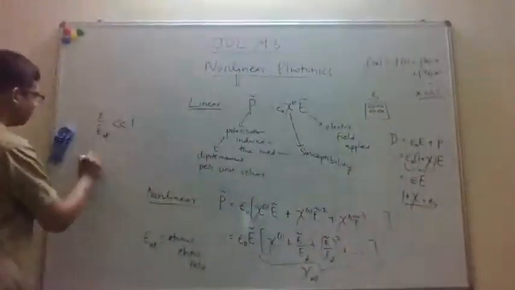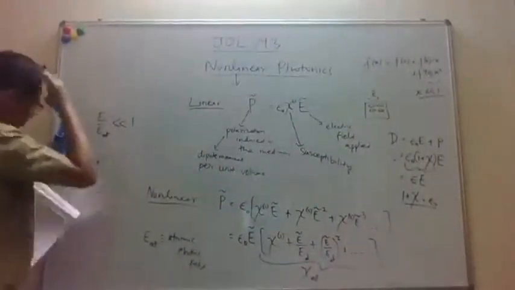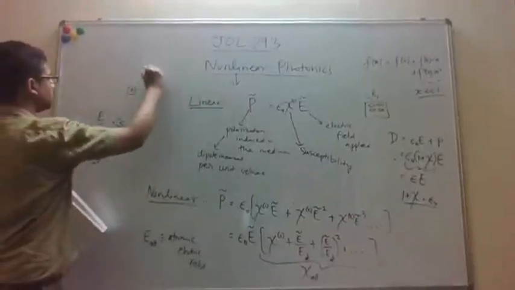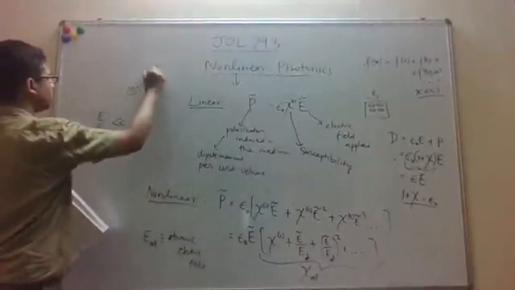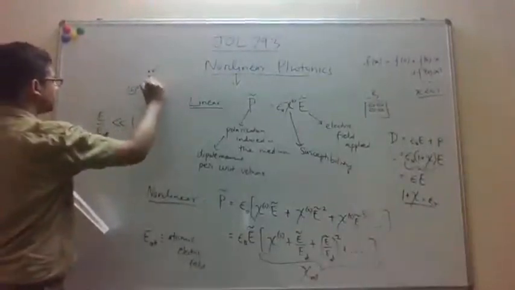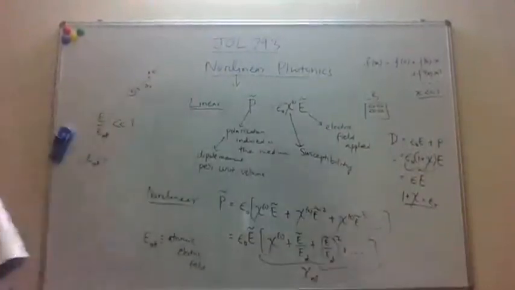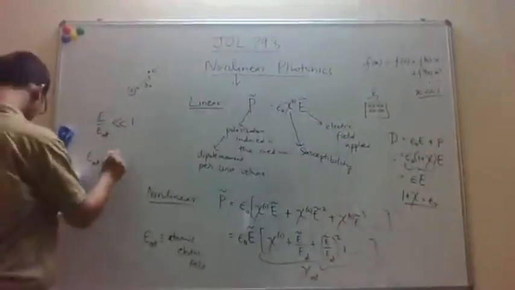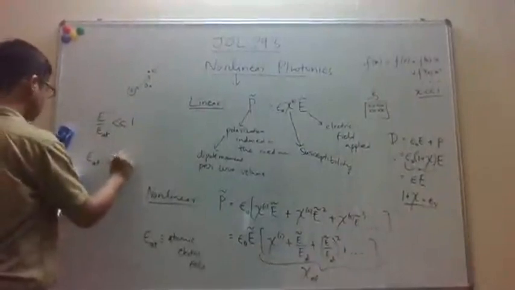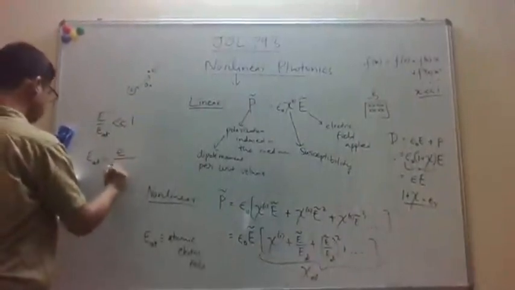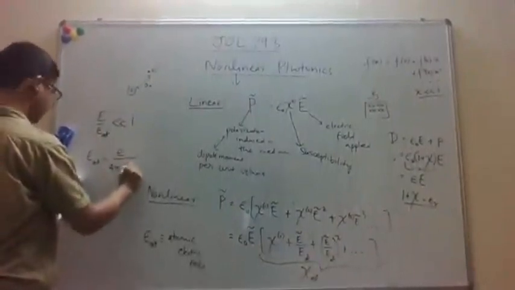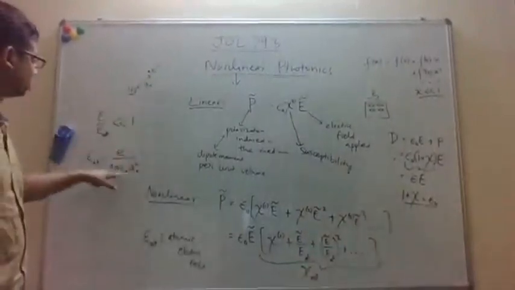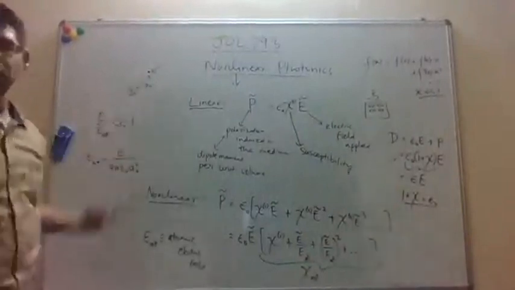And we can estimate the atomic electric field simply by, I don't know, like, let's say the electron is at some Bohr radius from the nucleus, right? So the atomic electric field I can just estimate like that. Right? E is the electronic charge, A naught is the Bohr radius.